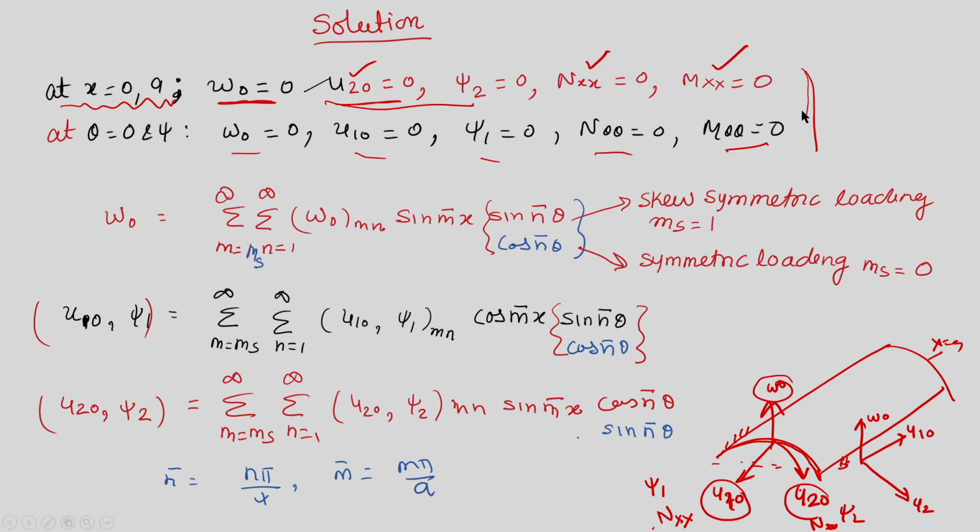If you see that at x equal to 0 and a, at theta equal to 0 and psi, W is 0. So, straightforwardly we can assume W in the x and theta directions as a sine series. If you put x is 0, sine is 0. If you put x equal to a, then sine is 0. If you put theta is 0, then sine is 0.